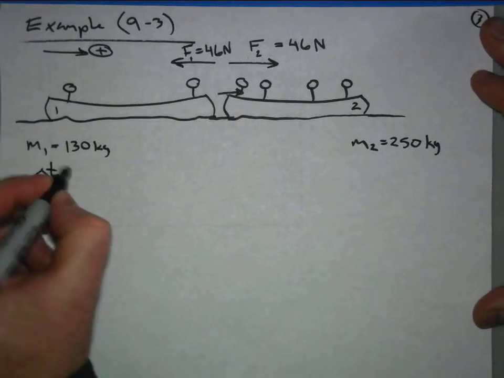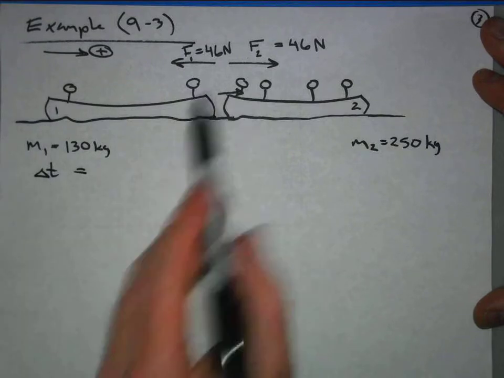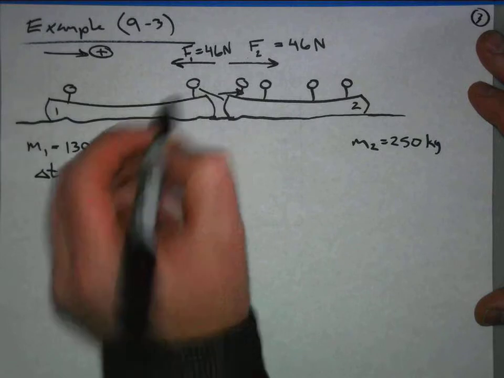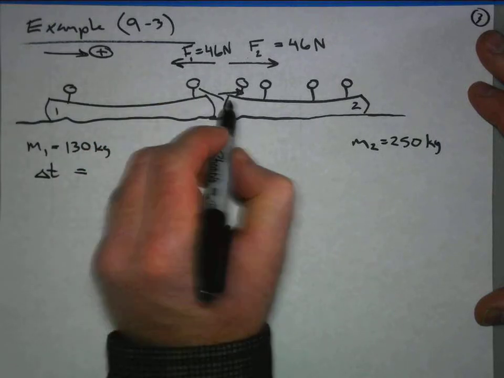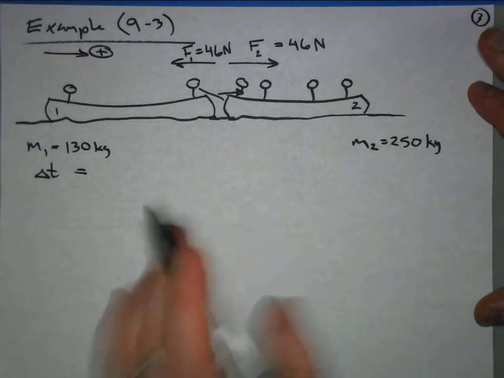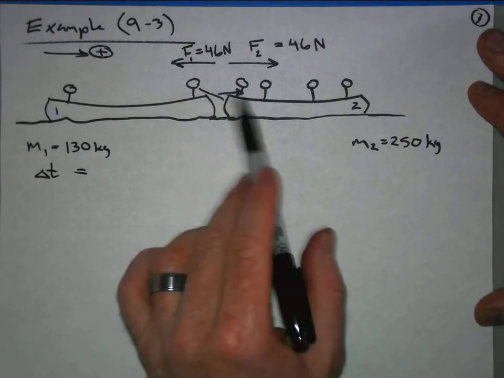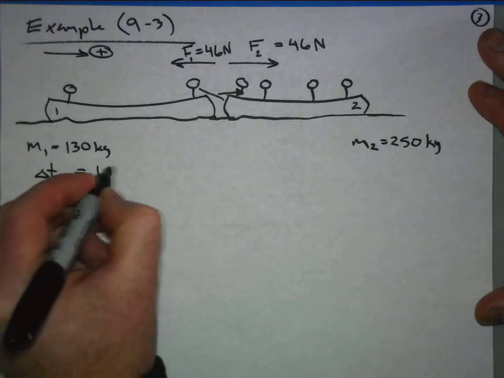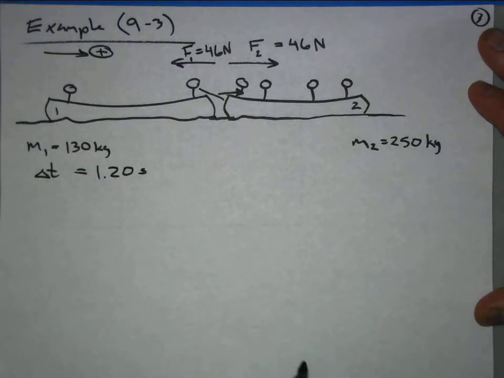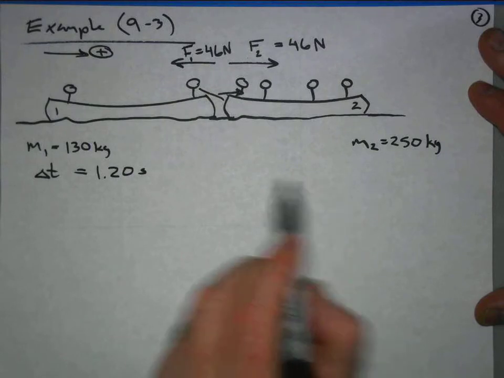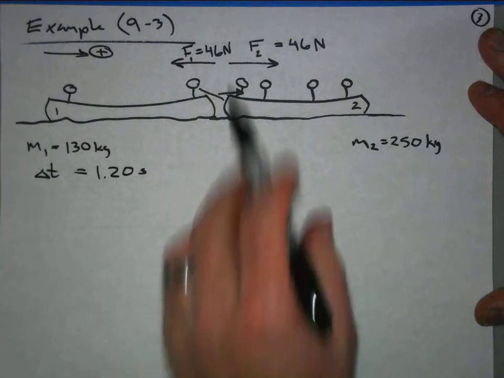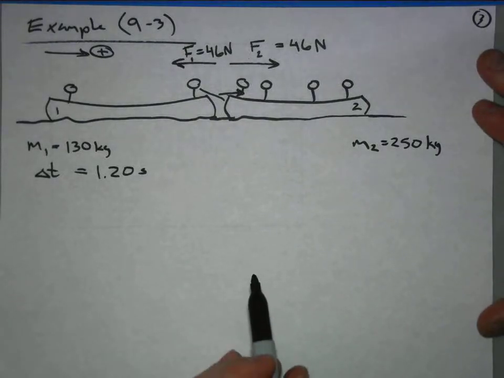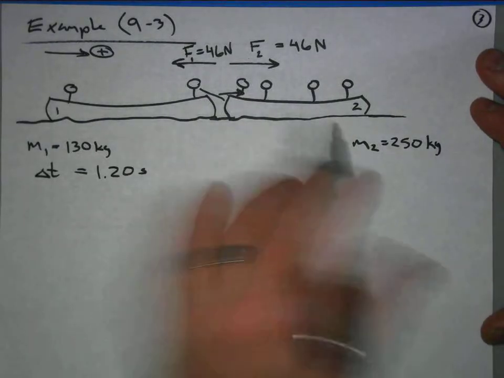There was a time interval of contact, and the idea of the contact of this person pushing on this canoe to separate them, to get them moving away from each other. That interaction took a period of time. Let's give this a period of time of 1.2 seconds, 1.20 seconds. And once contact was broken, they are no longer interacting with each other, and the force goes away, and they're kind of doing their own thing at that point.